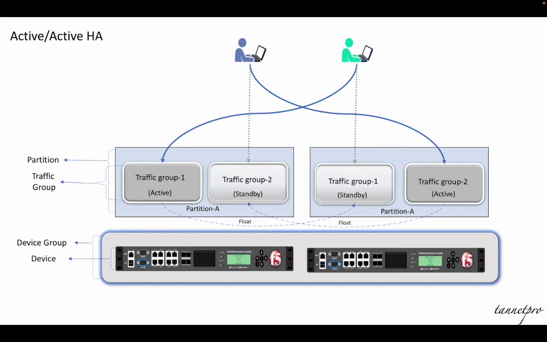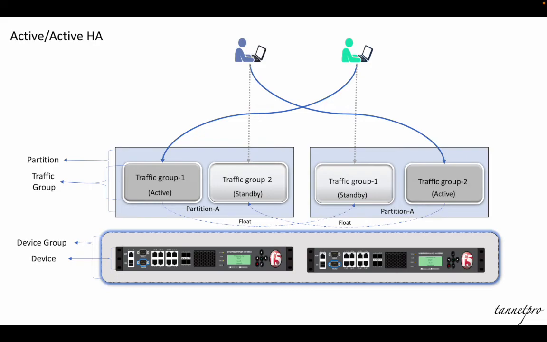Now this is the active-active situation. In this situation we can configure two traffic groups. One traffic group will be active on the primary box, and the second traffic group will be active on the secondary box. A client belonging to traffic group 1 always hits F5 box 1, and a user belonging to traffic group 2 always hits F5 box 2.